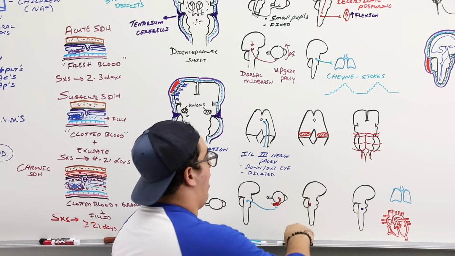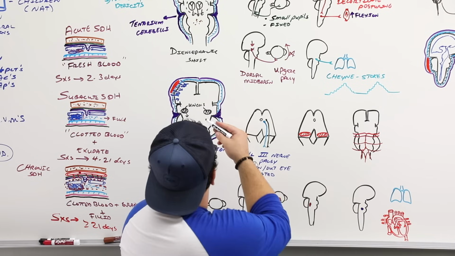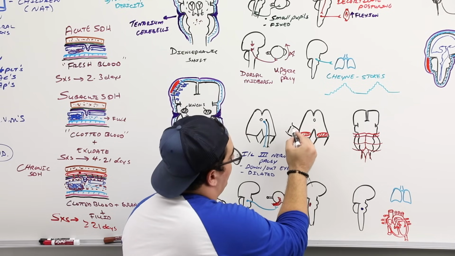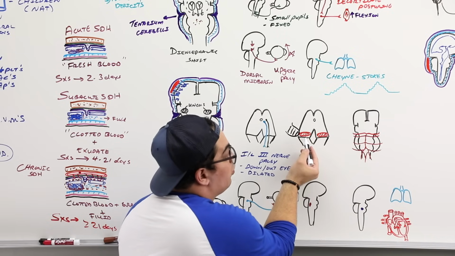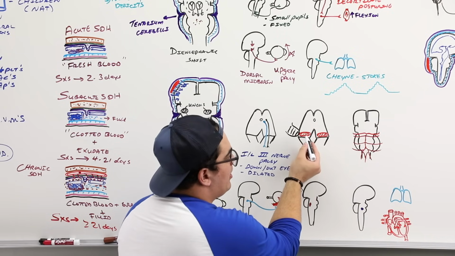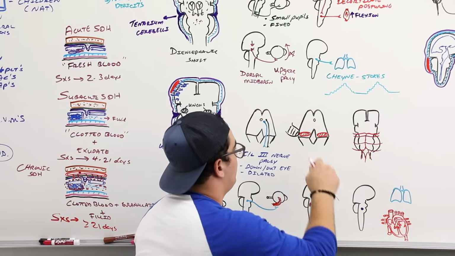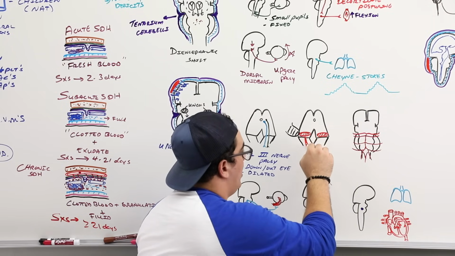The next thing that can happen is that, imagine here the uncus is compressing on this structure here. It's compressing onto the cerebral peduncle. Within the cerebral peduncle, you have these corticospinal tracts that are running through, and the corticospinal tracts will come down through the crus cerebri. What will they do?